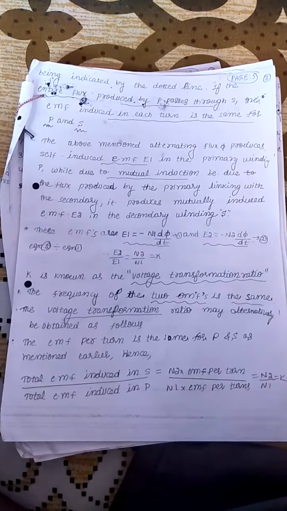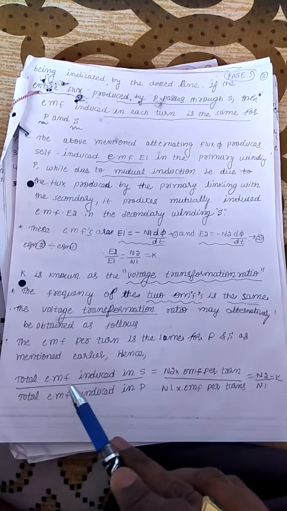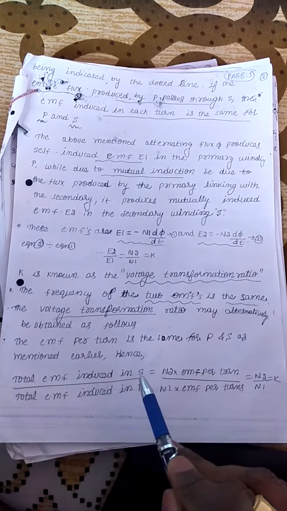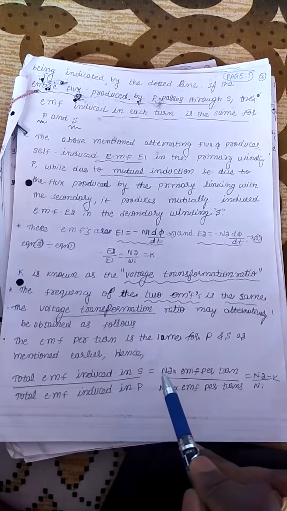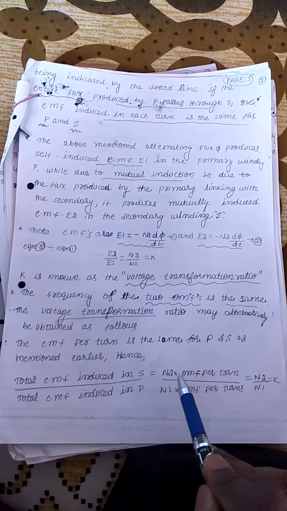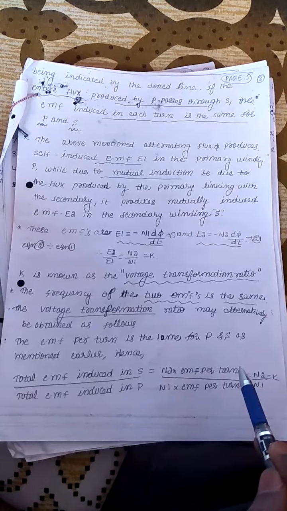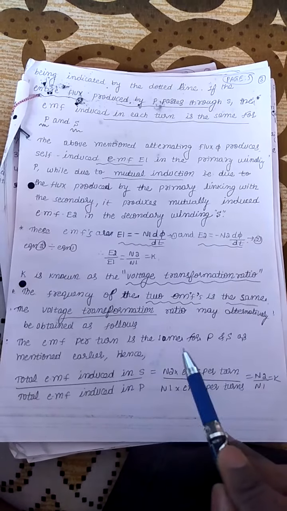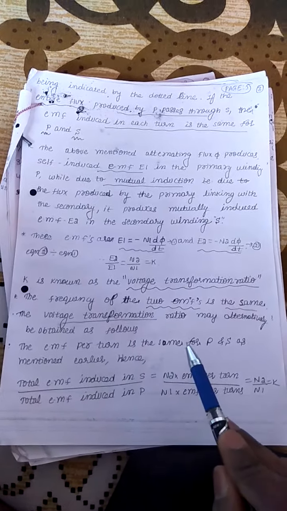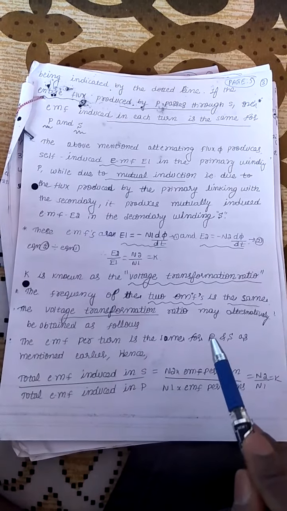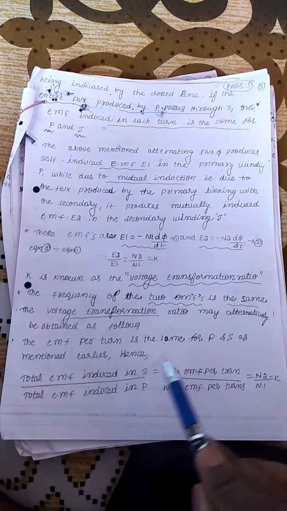If I want to know the total EMF induced on the secondary side, it is the number of turns on the secondary side times the EMF produced per turn. One thing to keep in mind: the EMF produced per turn on the primary side and secondary side remains the same.